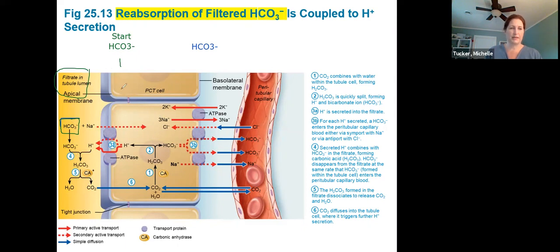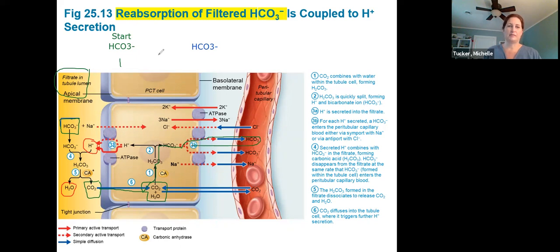So we start with one bicarbonate entering the filtrate. It is going to combine with a hydrogen ion that does have a transporter. So hydrogen ions can be transported, and it will get converted to H2O and carbon dioxide. The carbon dioxide can diffuse, and it will combine with water using carbonic anhydrase to become bicarbonate again, and then bicarbonate can get transported to the peritubular capillary.